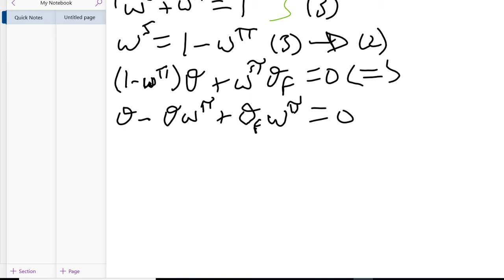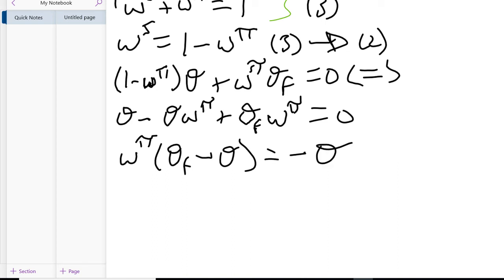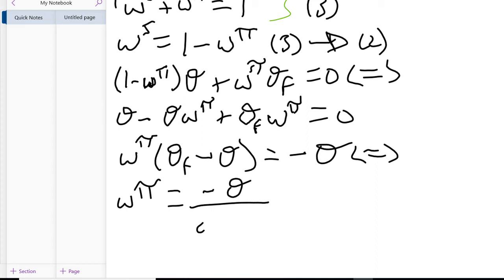Alright, now we will factor out w_pi. So we have w_pi times (sigma_f minus sigma), and I'll move the other sigma to the other side for now, equals negative sigma. This is the same thing as saying that w_pi equals negative sigma divided by (sigma_f minus sigma).